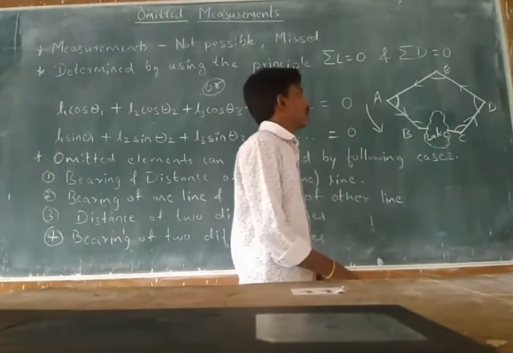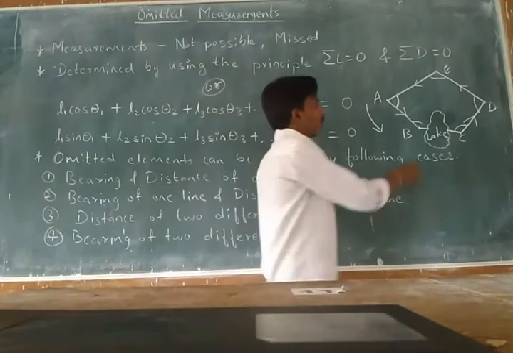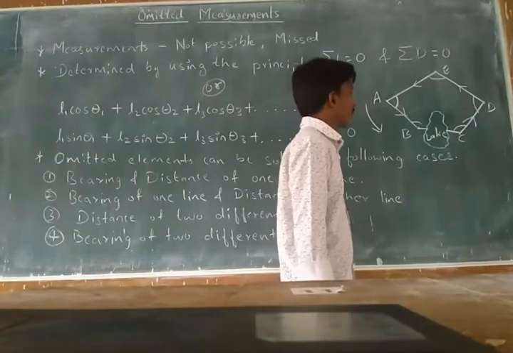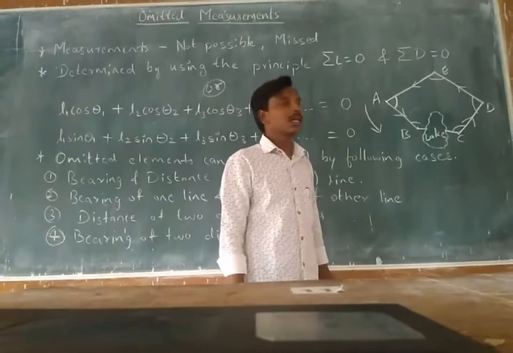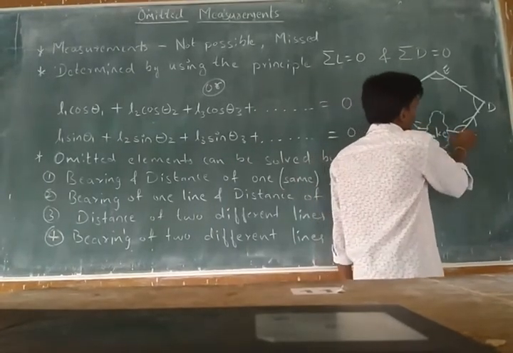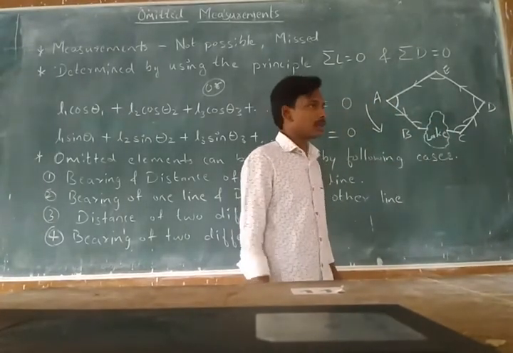You can't just take the tape inside the lake and travel across, so you can't measure it. Here the distance measurement is obstructed. You can't measure the distance by using a tape or a chain, but indirectly you can measure.